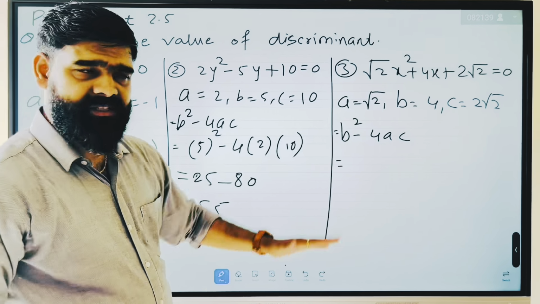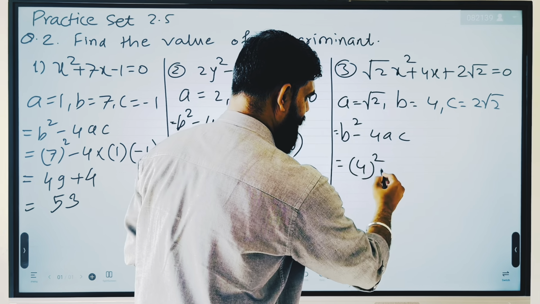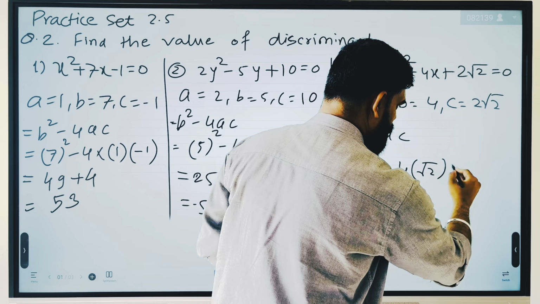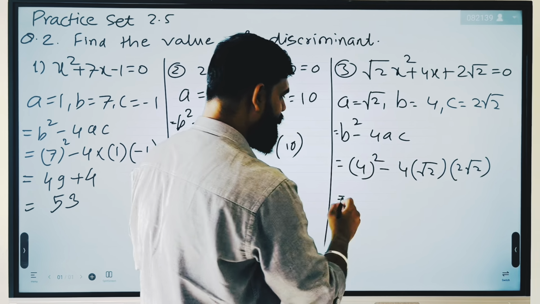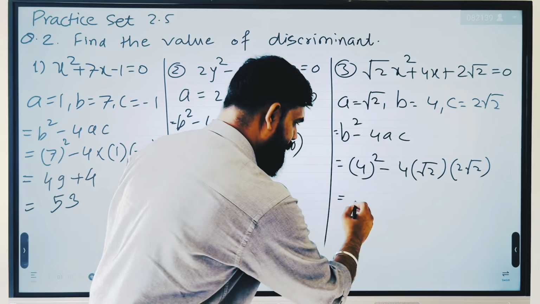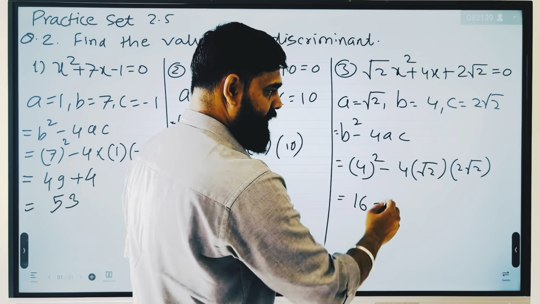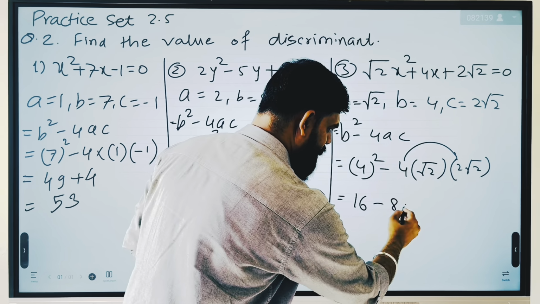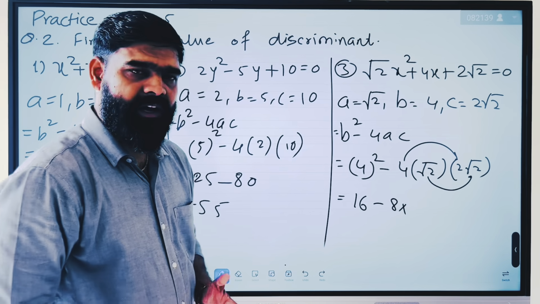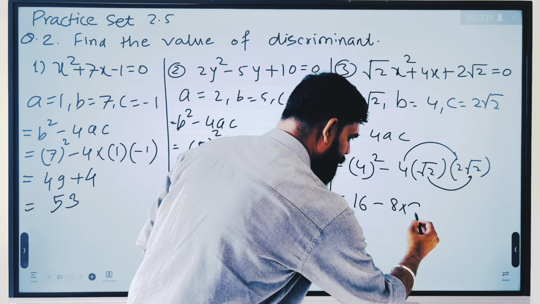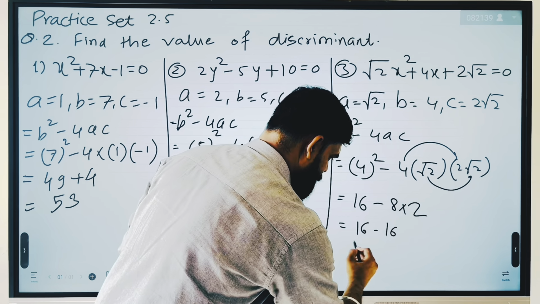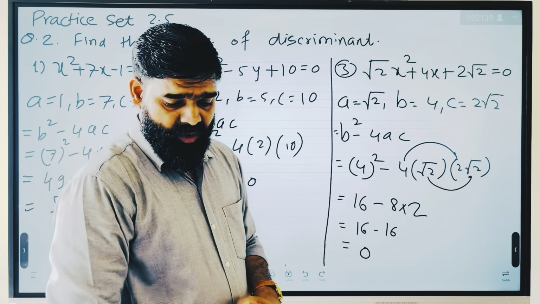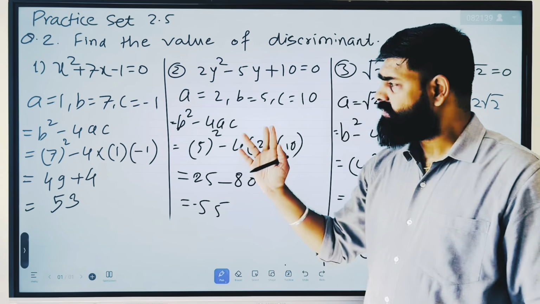So value of b is 4, 4 square minus 4 into √2 into 2√2 is equal to 4 square is 16 minus 4 into this 2. 4 into this 2 is 8 into √2 into √2, which will be 2. So this will become 16 minus 16. So we got the value of the discriminant is equal to 0. So these are the answers of these three questions.